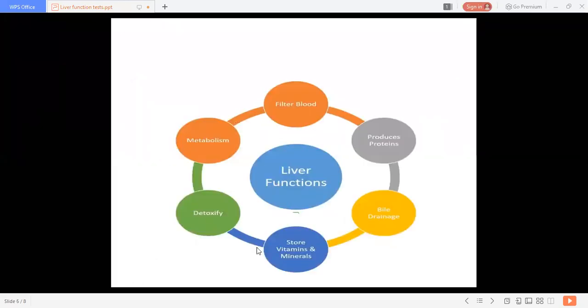In this slide, the various functions of the liver are given: production of proteins, bile drainage, storing vitamins and minerals, detoxification, various metabolisms, and filtering blood. These are the important functions of the liver.